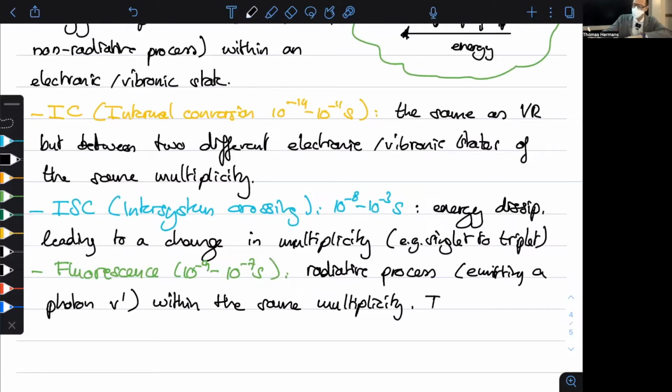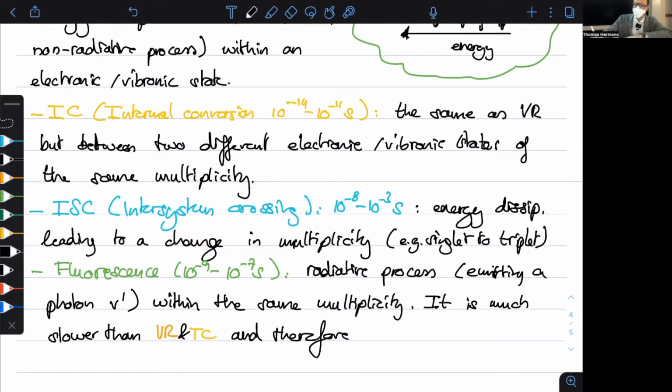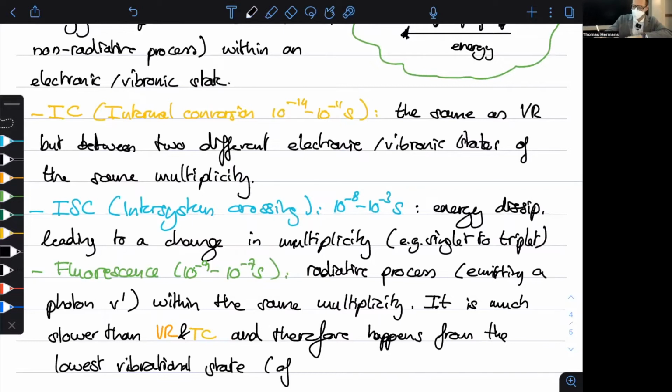Okay. Now we're getting to this time scale, so it's much slower than vibrational relaxation or internal conversion, and therefore happens from the lowest vibrational state of the excited state, right?